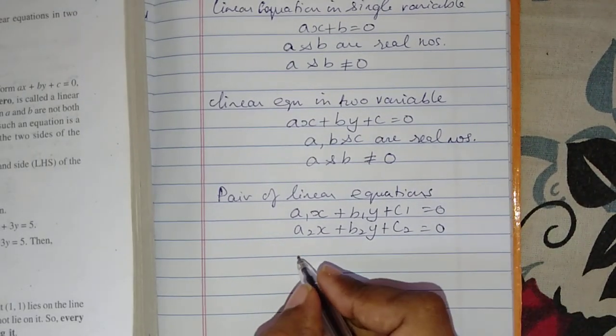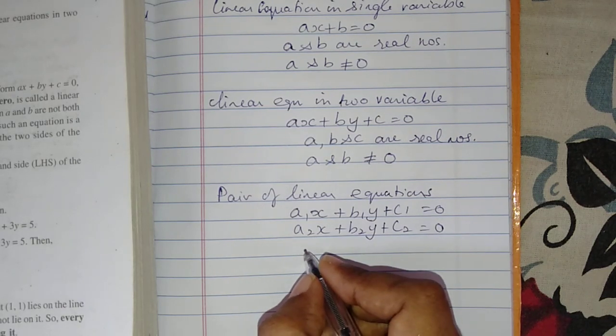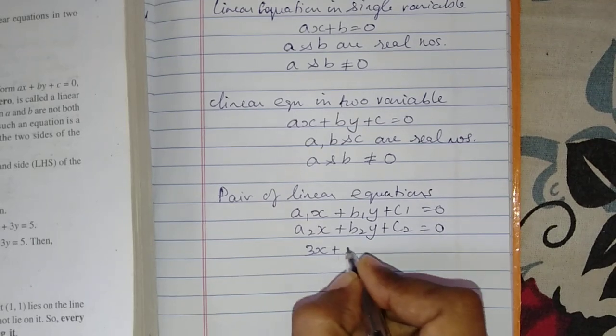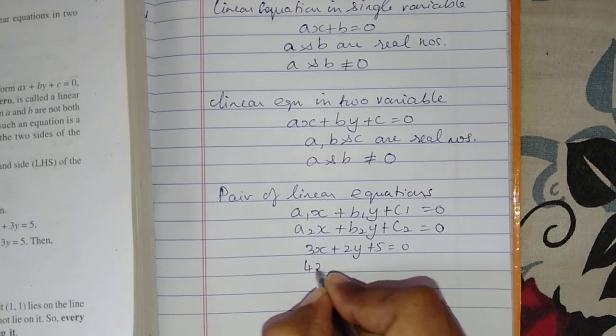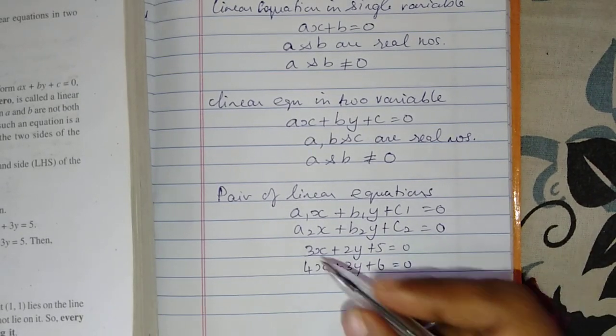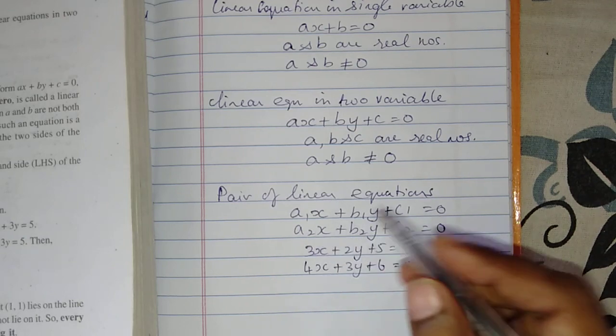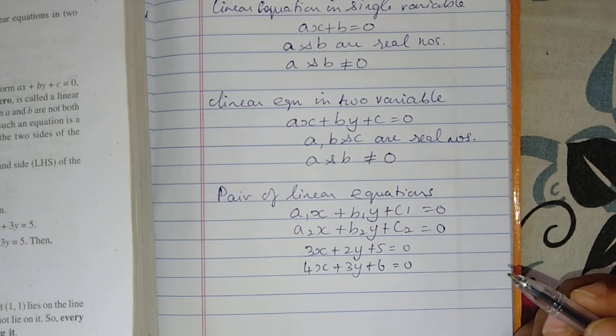Say for example you have two equations, 3x plus 2y plus 5 is equal to 0 and 4x plus 3y plus 6 is equal to 0. Here 3 and 4 will be a1 and a2, 2 and 3 will be b1 and b2, and 5 and 6 will be c1 and c2.